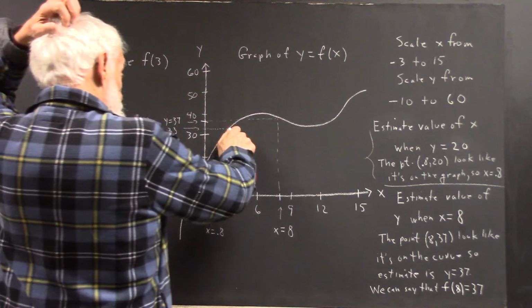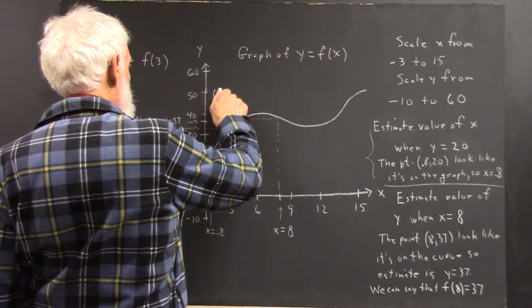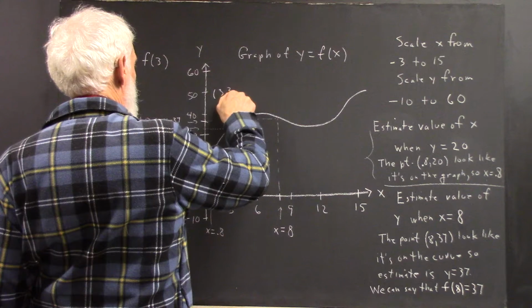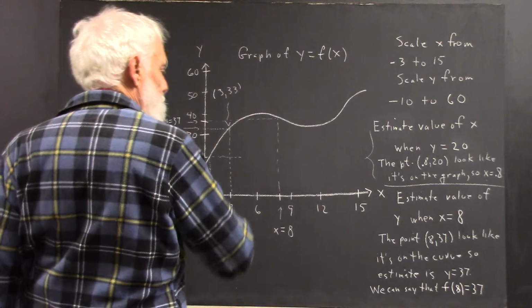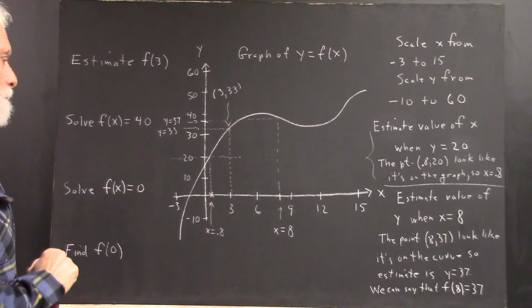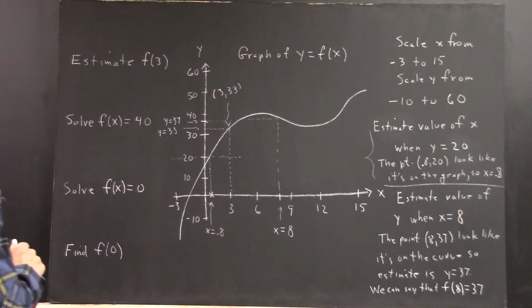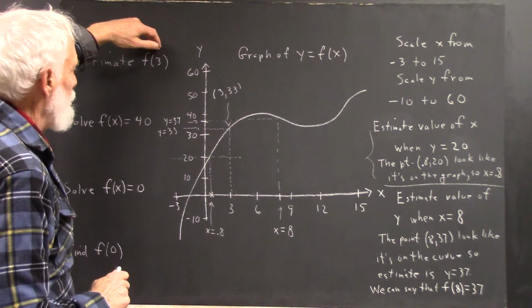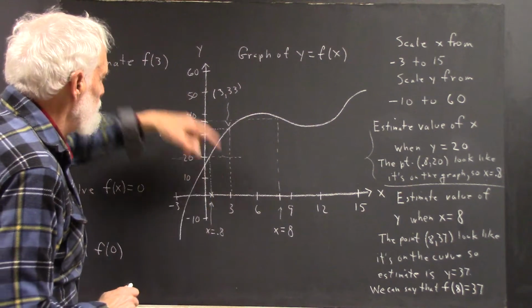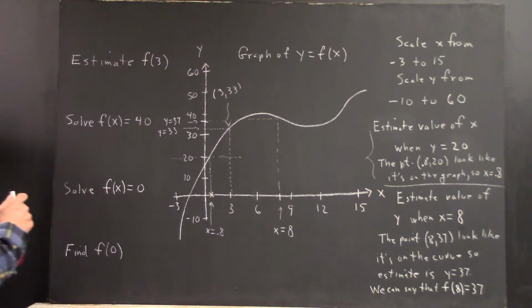So this point has coordinates that we estimate to be (3, 33). Okay, so f of 3 is the value of this function when x equals 3, and that is 33.